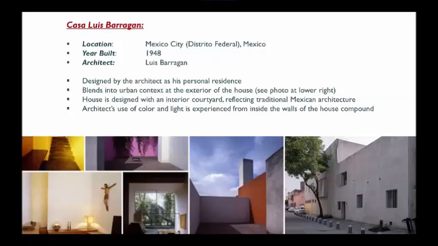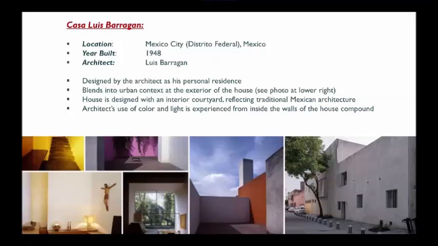But it's really common, just kind of having that more protective private layer at the street, and then all of the life of the house really happens on the interior part of the compound.